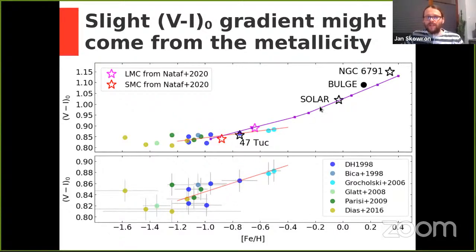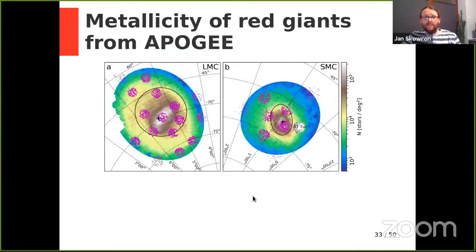This is similar to theoretical values, with this violet line in agreement, but we use this empirical relation. And then we took the metallicity of red giant stars measured from APOGEE in LMC and SMC, and plotted the metallicity across the distance from the center of both galaxies.